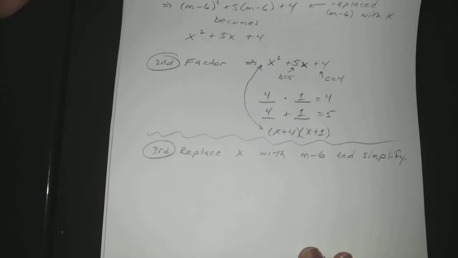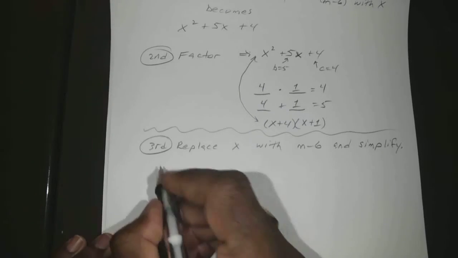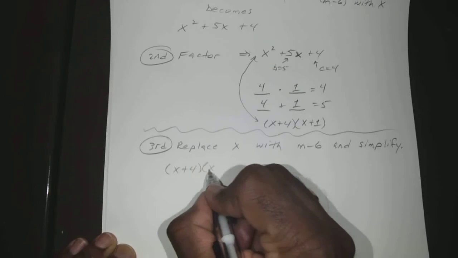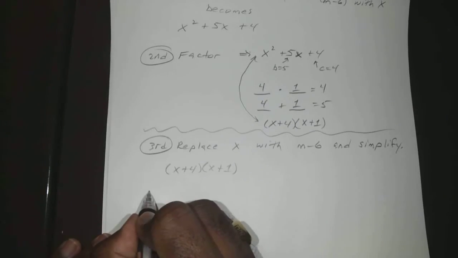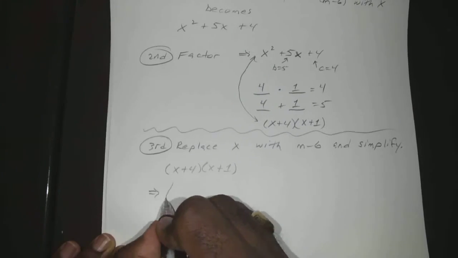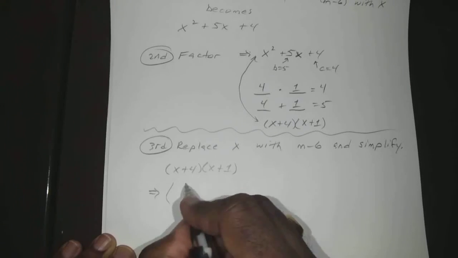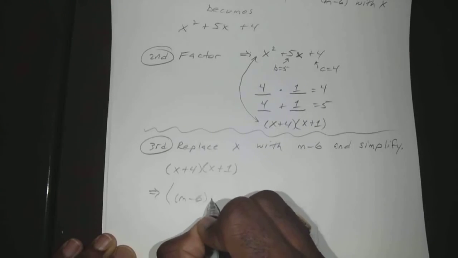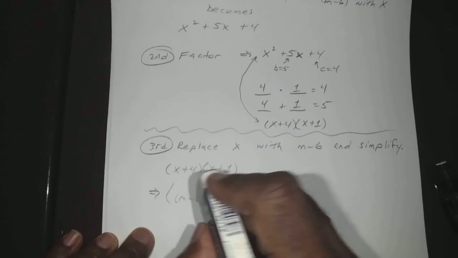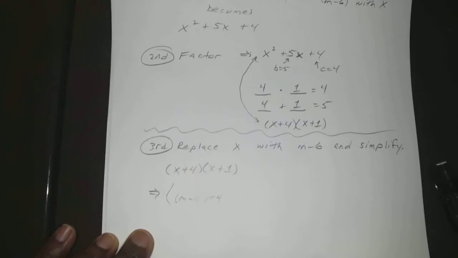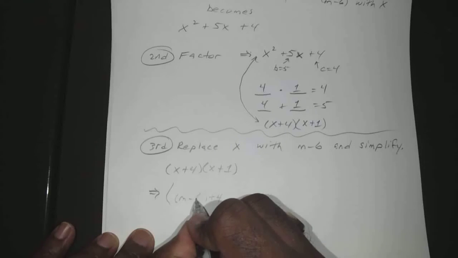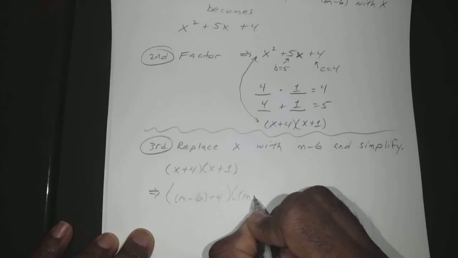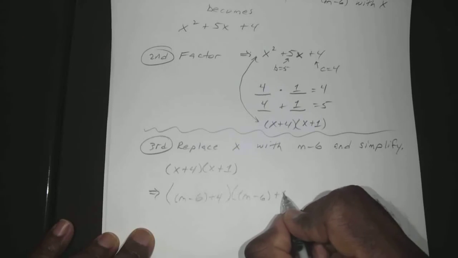So instead of x plus 4 times x plus 1, instead of x, you have m minus 6 plus 4 times m minus 6 plus 1.